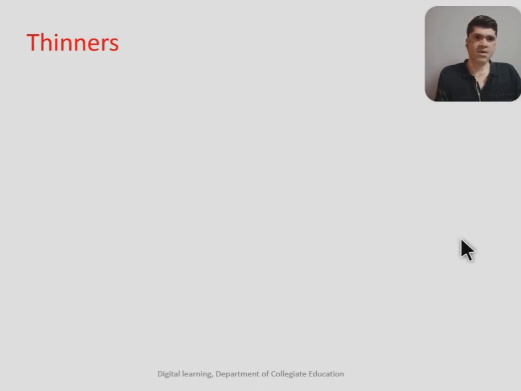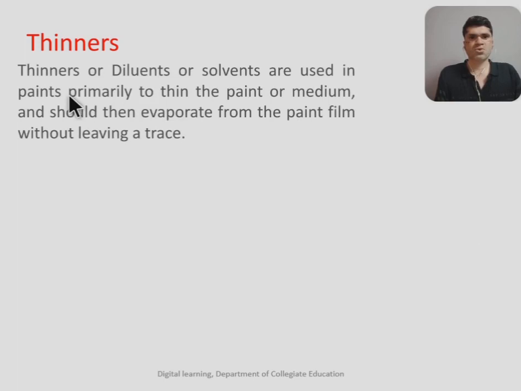As we have already discussed in our previous sessions, the ingredients of paints are binders or vehicle, pigment, thinner and dryer, and other added ingredients. So let us see what a thinner is. Thinners, also called diluents or solvents, are used in paints primarily to thin the paint or medium, and should then evaporate from the paint film without leaving a trace.